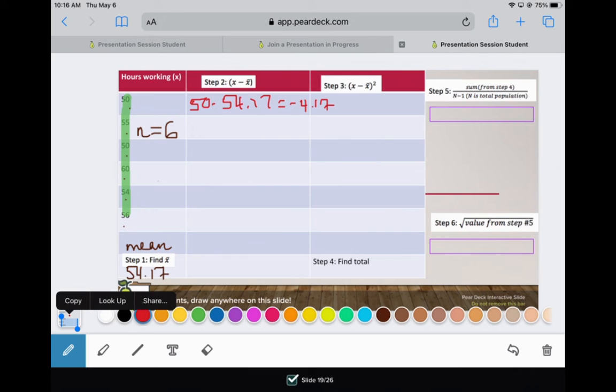Notice I will do step 2 and 3 at the same time. So I'm going to go ahead and square it. That would give me 17.39. So note it's in here, square it. And then I will continue to do the same thing for the next number. 55 minus 54.17.